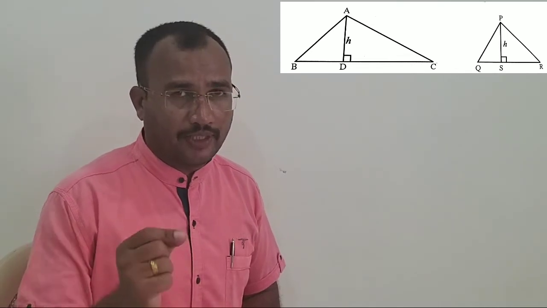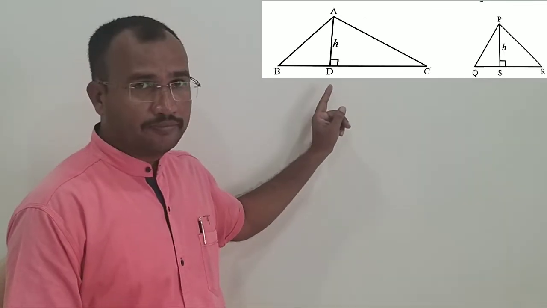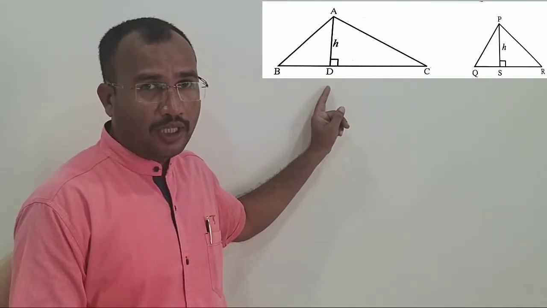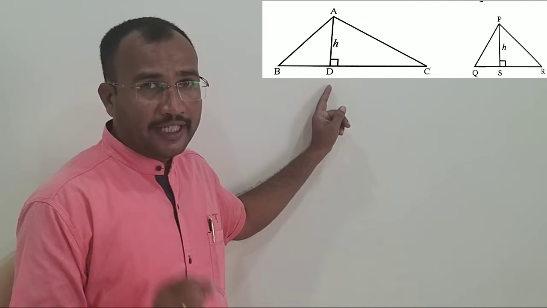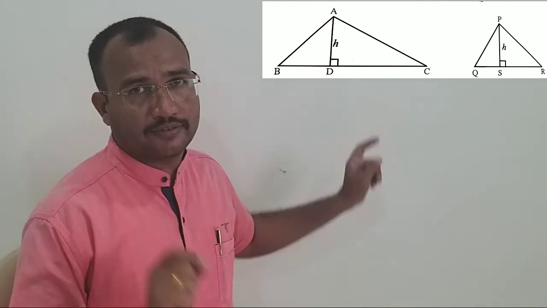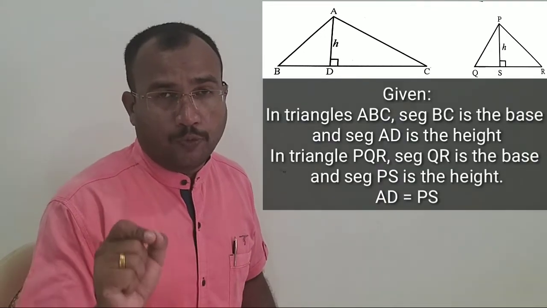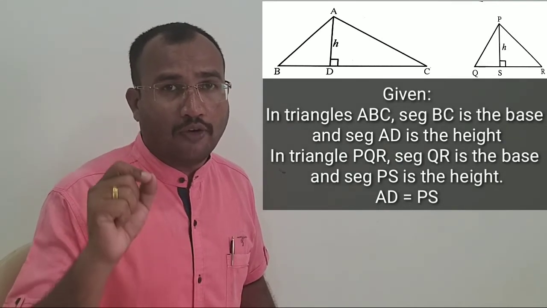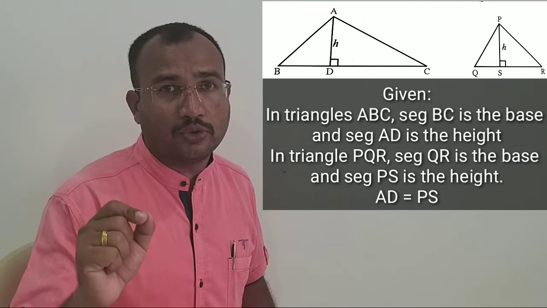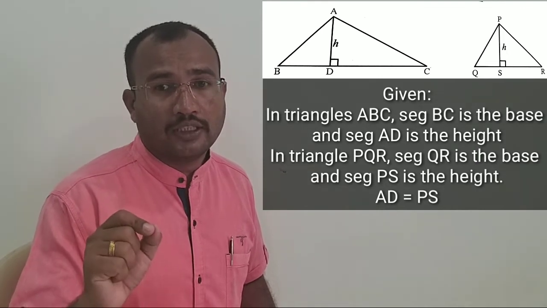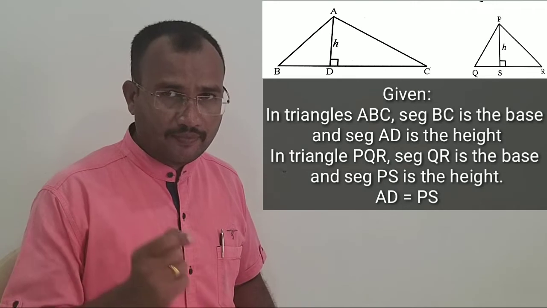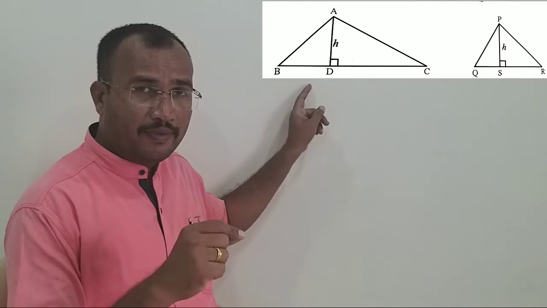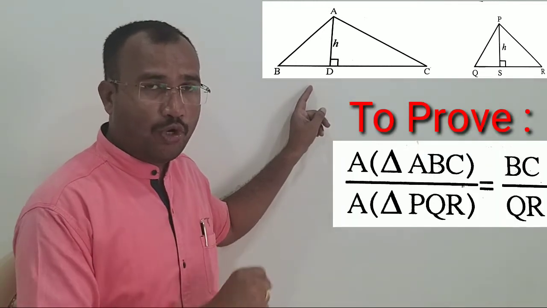Then in the given diagram, in triangle ABC and triangle PQR, heights are equal means AD is equal to PS. If both the triangles have equal heights, then the ratio of the areas of both the triangles is equal to the ratio of their bases. Here again that proof is same as the previous property.